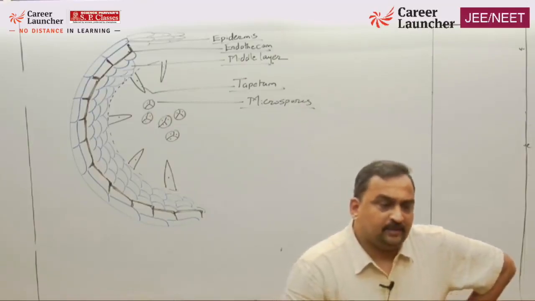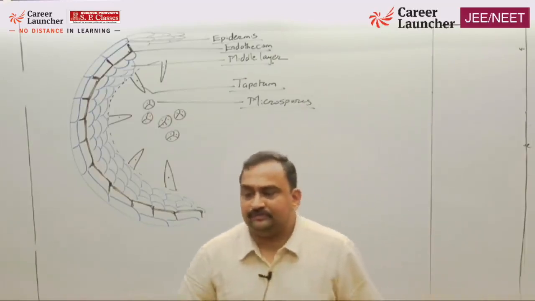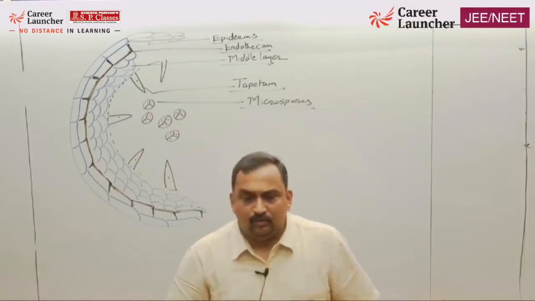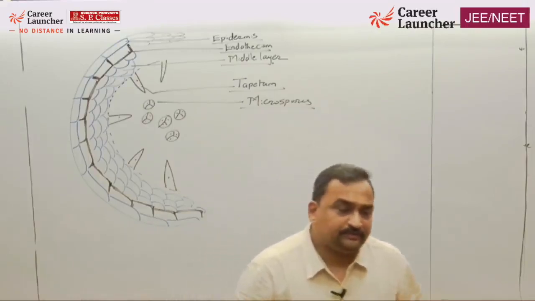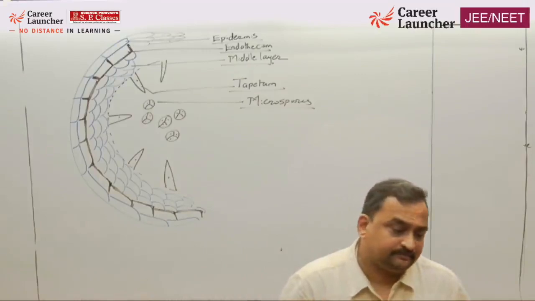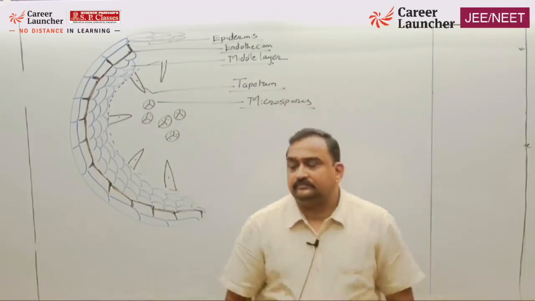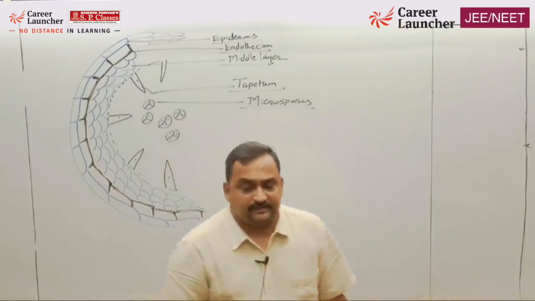The cells of endothelium present in the groove between the two anther lobes are unthickened and they form the line of dehiscence.